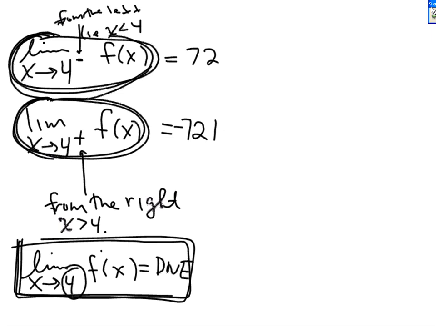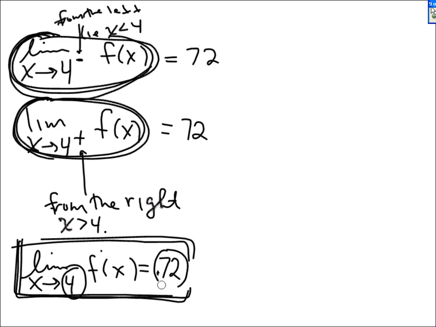And if they are equal, then the limit equals that number. When I say the limit, I mean just as x goes to 4, no plus minus. The limit would be 72. If the left limit and the right hand limit are equal to one another, then the limit exists and it equals that same answer.